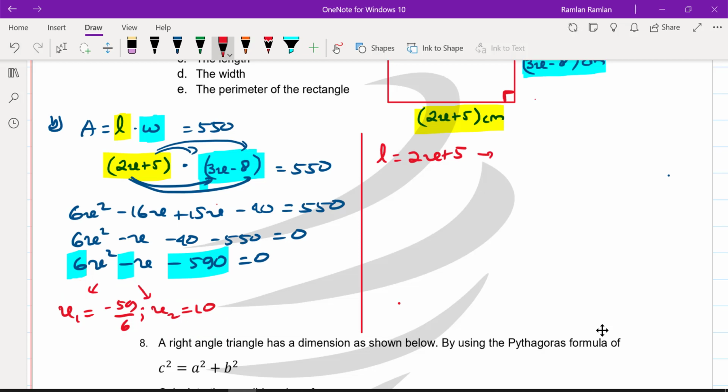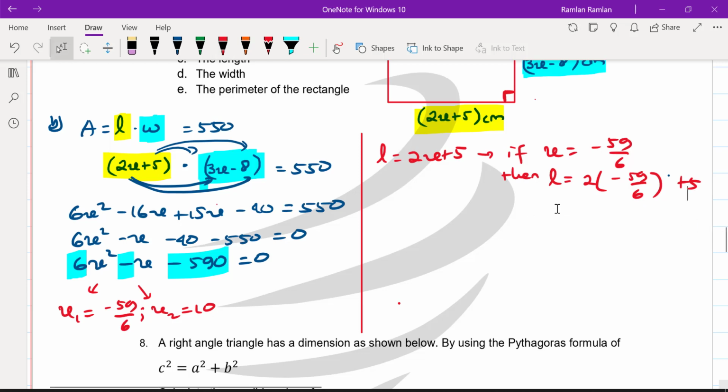If, for example, x equals to negative 59 over 6, then the length will be equals to 2 multiplied by negative 59 over 6 and then plus 5. Then again, if you put it in the calculator, the length will be equal to negative 44 over 3, or in decimal, around negative 14.7 centimeter.